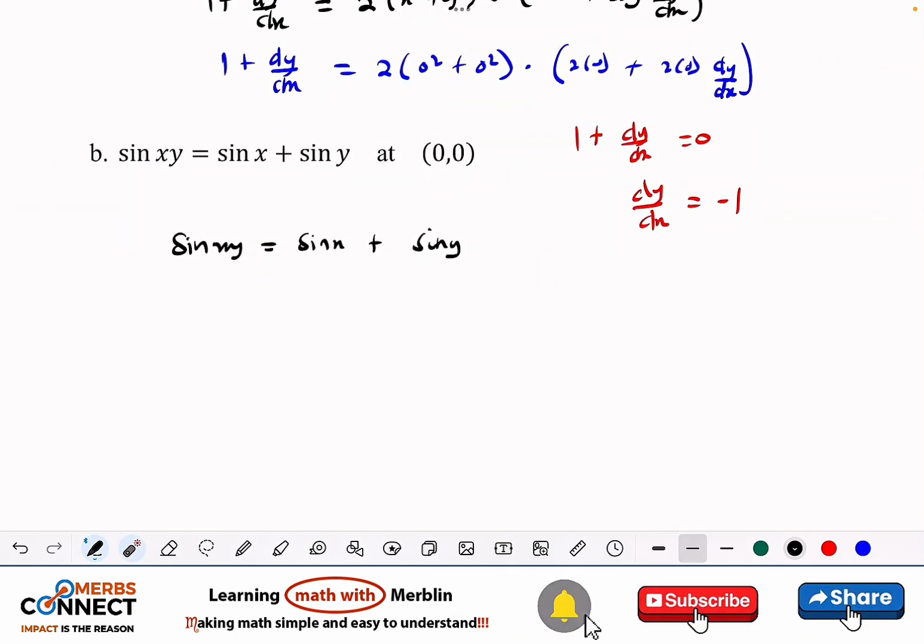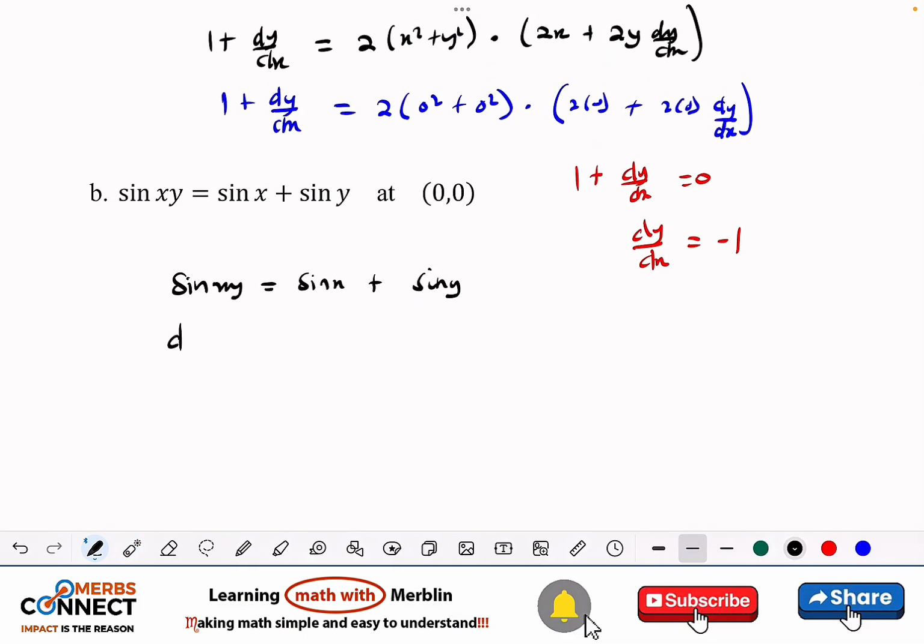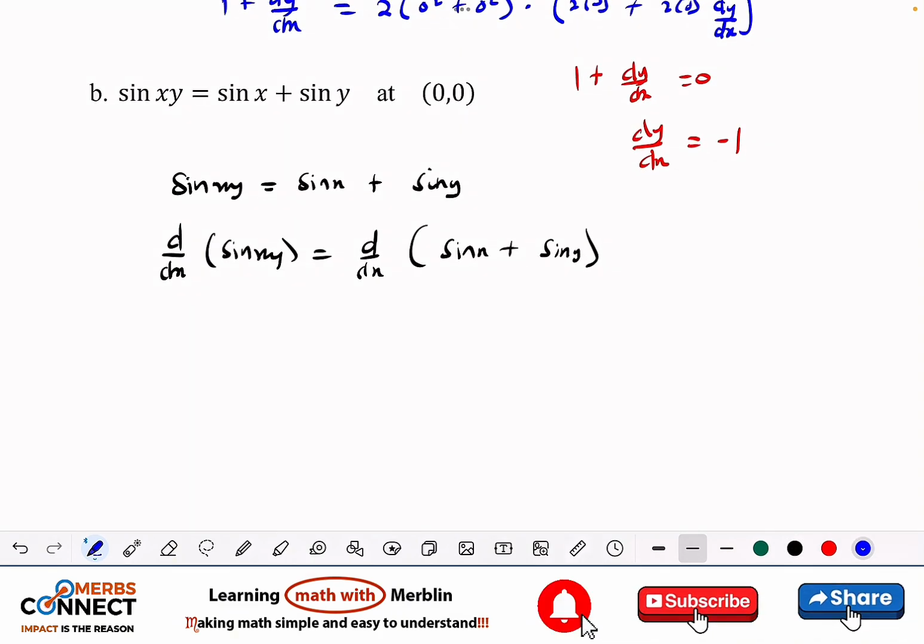When I differentiate sine, we know that we are going to get cos, right? So I can put the differentiation on it before I start doing the differentiation: differentiate this one, sine x plus sine y. When I differentiate sine, I get cos, right? So I have this one in parentheses.